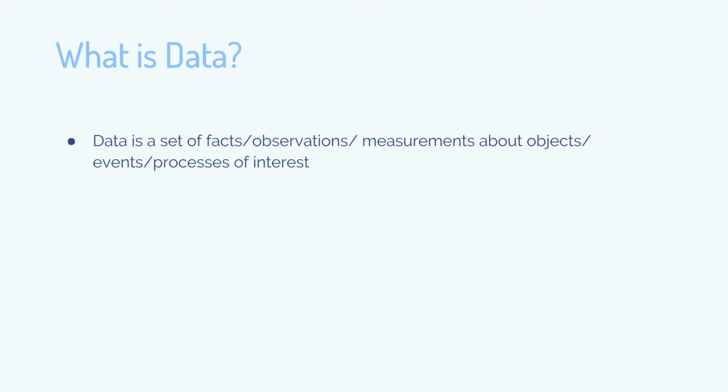Data is anything based on your internet activities, your social media activities, or your Facebook activities. Each and every user has some data of their own. So that is data.